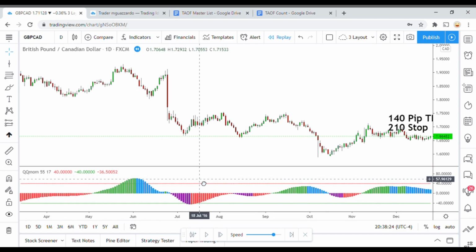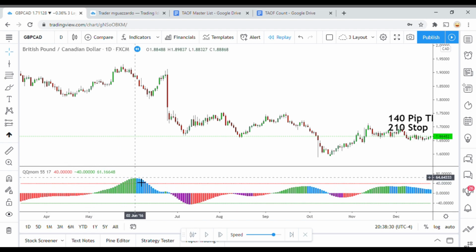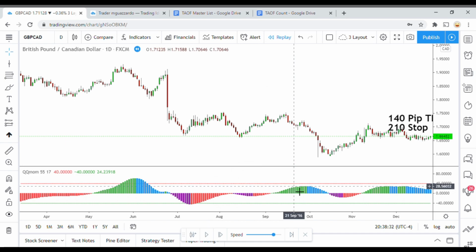type zones. And so one way of trading is we could wait for the momentum histogram here to break out of one of those areas, over or under.